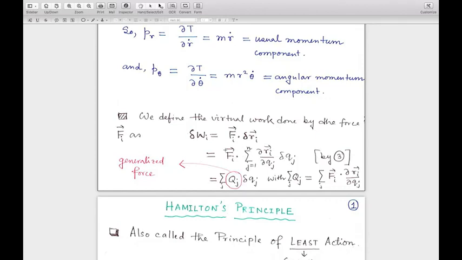If you write that, then you can take F_i dot, summation over j from 1 to n, del r_i by del q_j times del q_j. So this virtual work can be written as something times del q_j, and this something is a summation over j of Q_j, where Q_j is nothing but F_i dot del r_i by del q_j. This Q_j is known as generalized force.